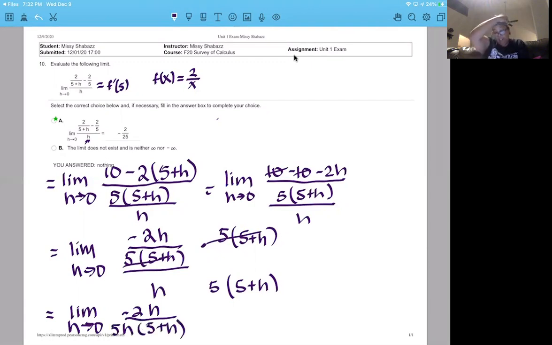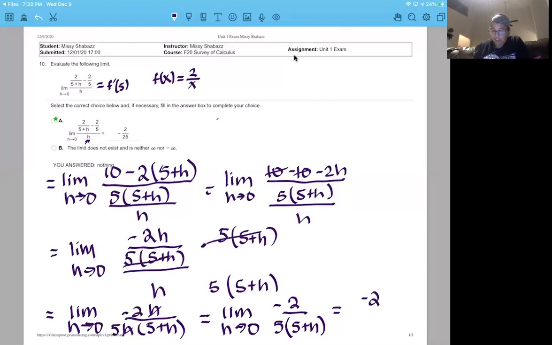And what happens now is our h's cancel so that we are now able to plug in our 0 for h, -2 over 5 times 5 plus h. So if I plug in 0, I get 5 times 5 plus 0, which is 25, and I get negative 2 over 25. And that's it for that one.